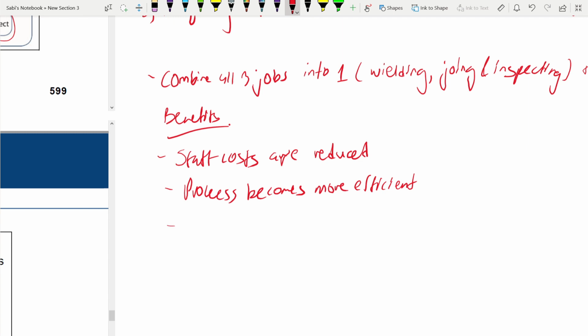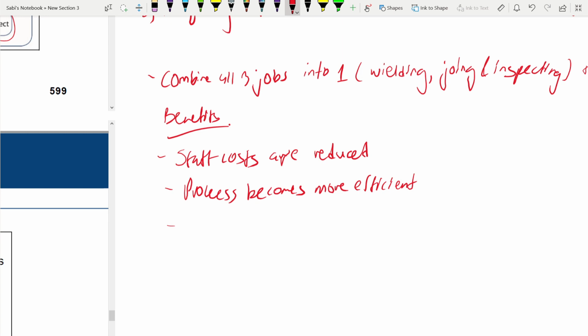Third, what is the third? There will be fewer handovers among the swim lanes, reducing the time taken and the likelihood of errors also. Imagine if you have to give one job to three different people. You have to hand over among them, then you have to communicate. If there is miscommunication among them, errors are more likely and it will take more time. But now one person is doing it, no need to communicate, errors will reduce and time taken will also reduce.